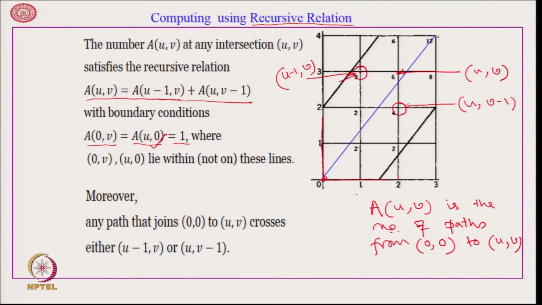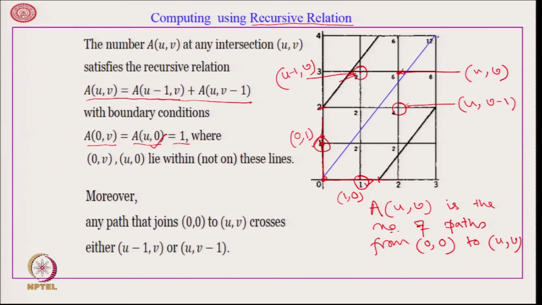Now, in this case, since the line comes here, the only two points that we are considering are this one, which is (1, 0), and this one which is (0, 1). And the number of ways of reaching this point is 1, and reaching this point is also 1.